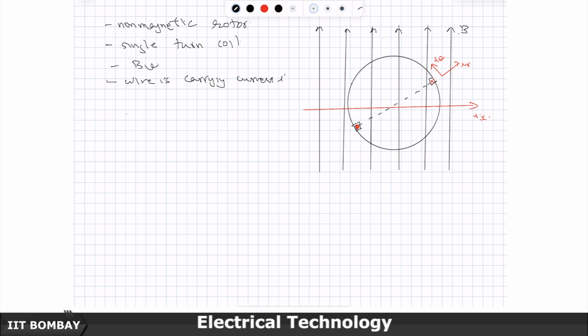Now, our question is, we are given certain numbers, let us take those numbers.